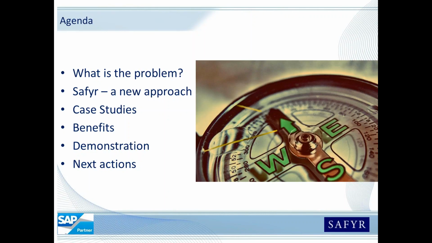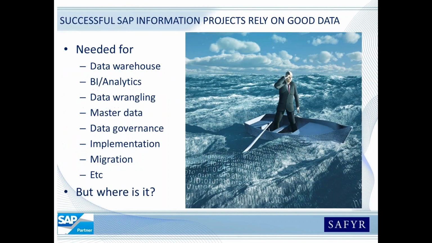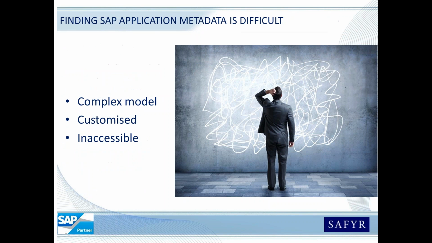And access to accurate data is needed for a whole range of different types of projects, from data warehousing, the new term now, data wrangling, BI, master data, data governance, integration, migration, etc. And the big challenge that's always been the case with packages and large systems is, where is that data? How do you actually find it? And especially with the larger packages, this can be extremely difficult.